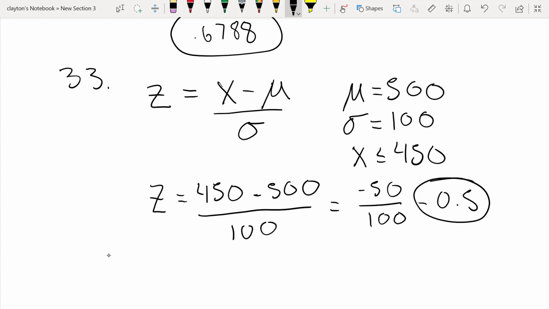But I still think we're still going to use normal CDF with our lower bound. So this is our upper bound, but our lower bound here, well, test scores, your lowest bound is going to be 0, right? It says 450 or below. So let's go ahead and go back.